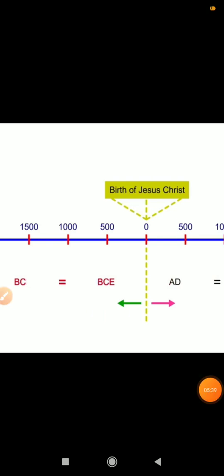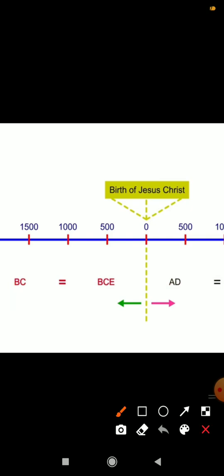The events or the years before the birth of Jesus Christ are counted backwards and written as BC or BCE. So before the birth of Jesus Christ, the counting is basically backwards.